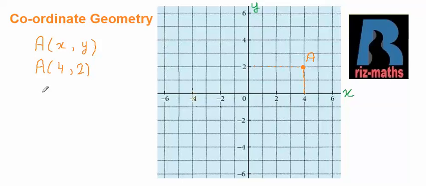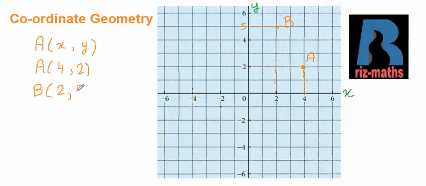Similarly, let's say there is some other point which is B. So let's say B is here. Its x coordinate is 2, and the y coordinate is in between 4 and 6, which means it is 5.